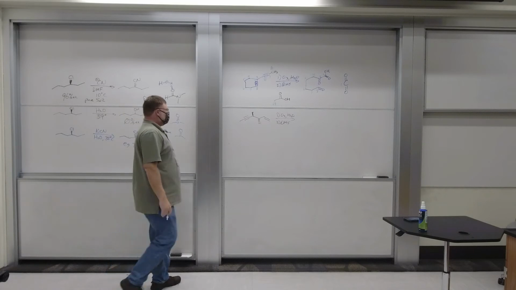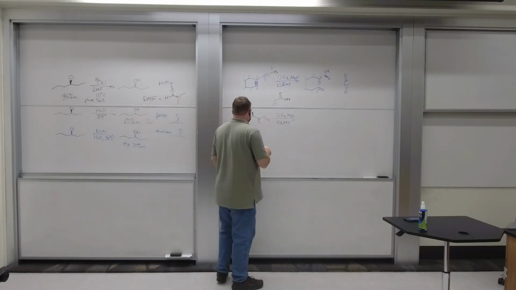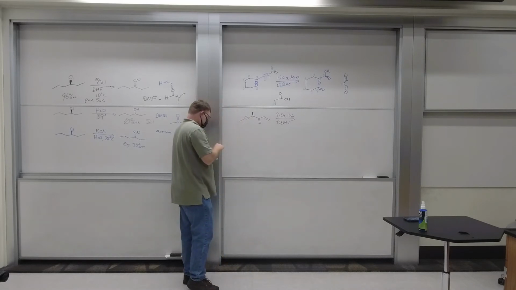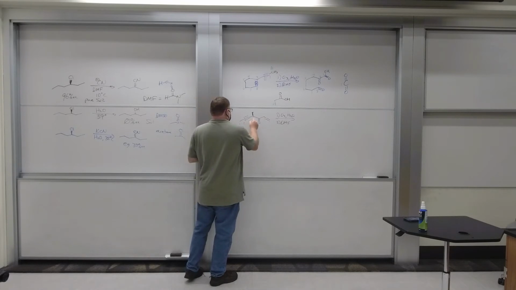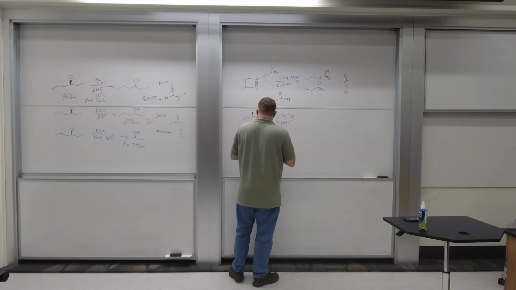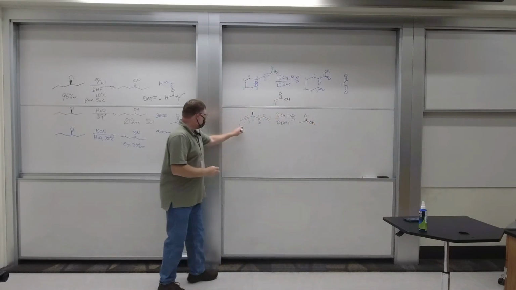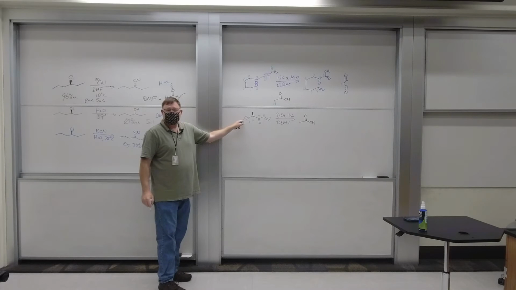And so you're just going to cut through the pi bonds. So over here on the left, again, I'll number these. The alkyne's not terminal, so carbon 1 and carbon 2 are going to stay bonded together.